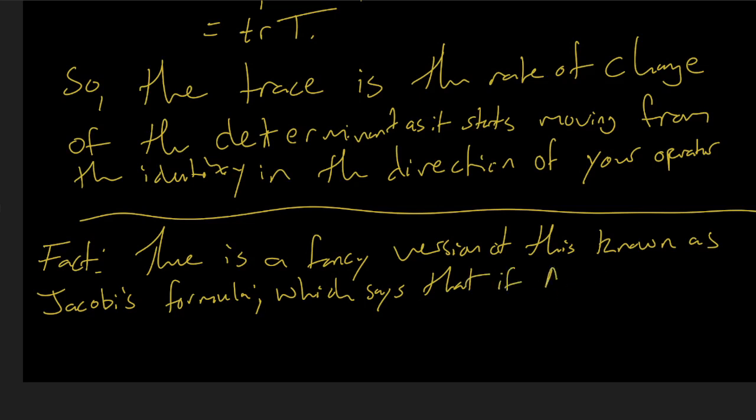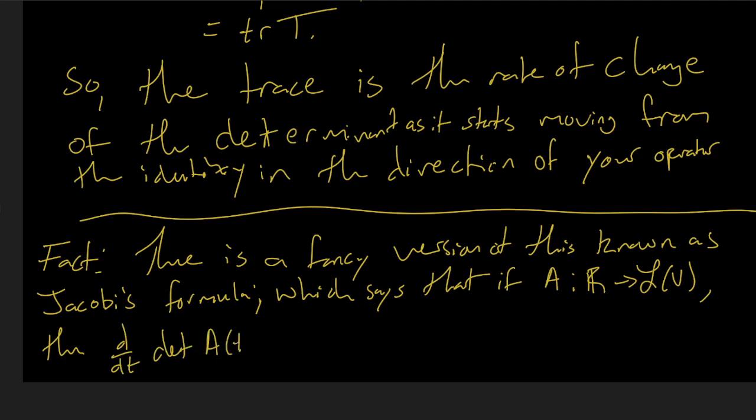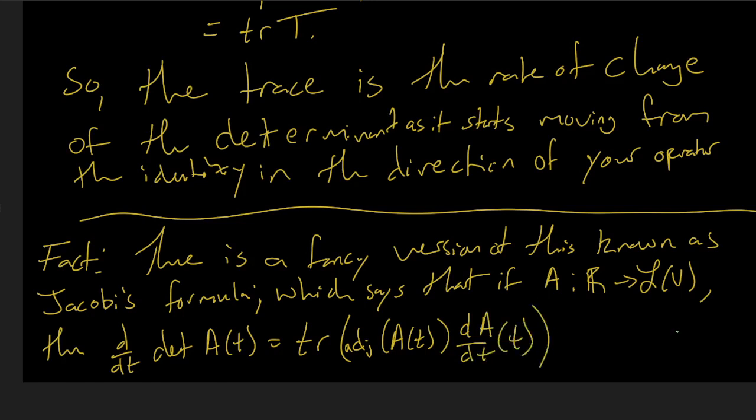That if a of t, say a is a function from R to L(V), then d/dt of the determinant of a of t is equal to the trace of something called the adjugate, adj, of a of t, times dA/dt of t, its derivative.